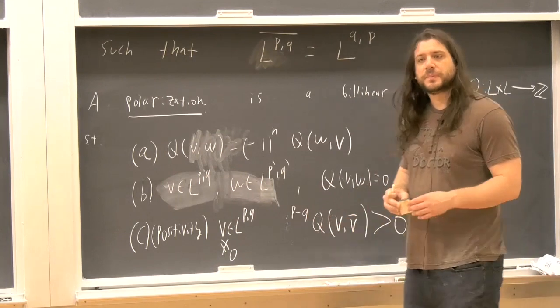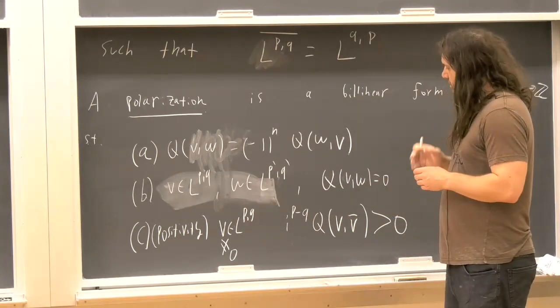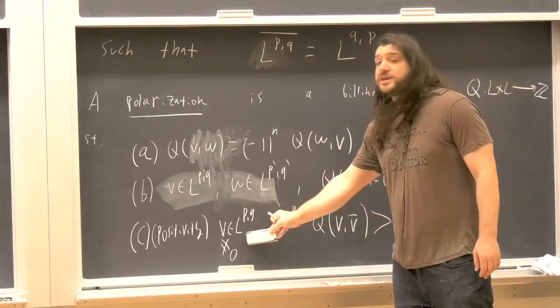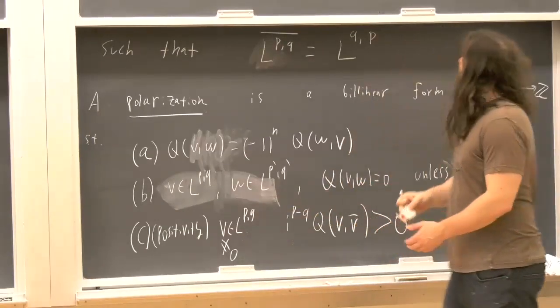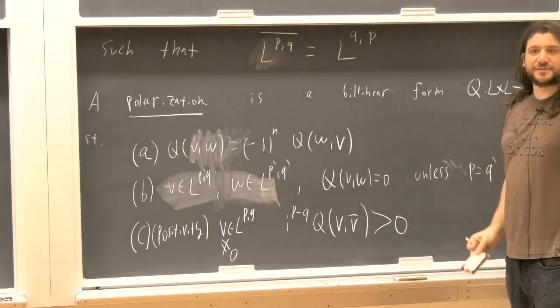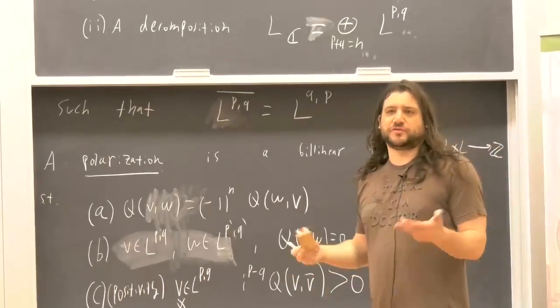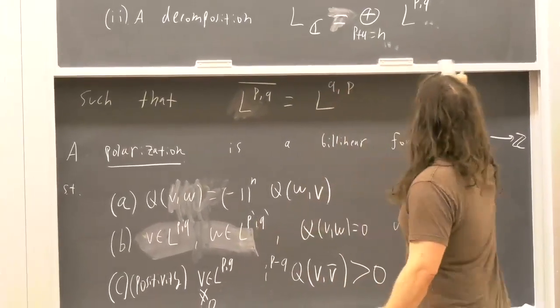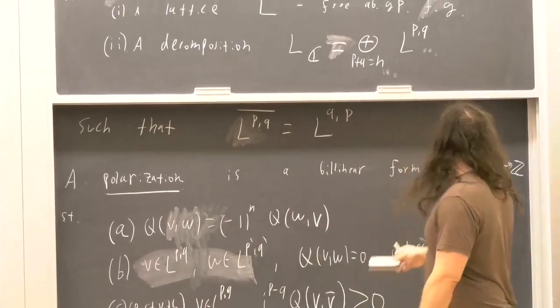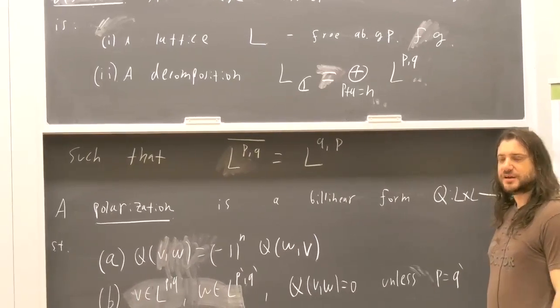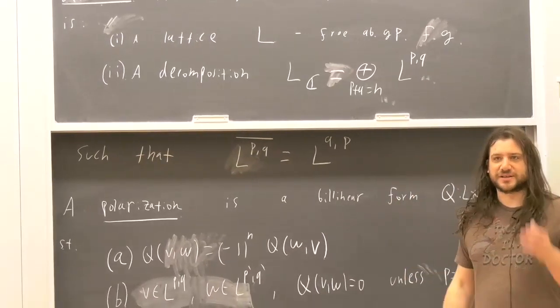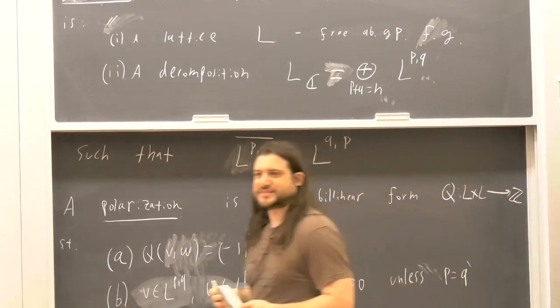Oh, I understand your question. You're asking if this is an integer valued thing. It's for V that are pure in L^{P,Q}, and these L^{P,Q} are typically not going to be defined only over the integers, but not even over the reals. This is a complex decomposition, I tensored with C. And so even though Q started life as a form valued on this lattice, which takes values in Z, once I go to complex vectors, of course, I'm going to take complex values. Absolutely. Other questions?